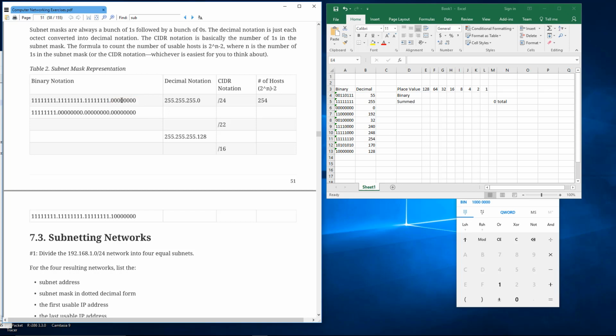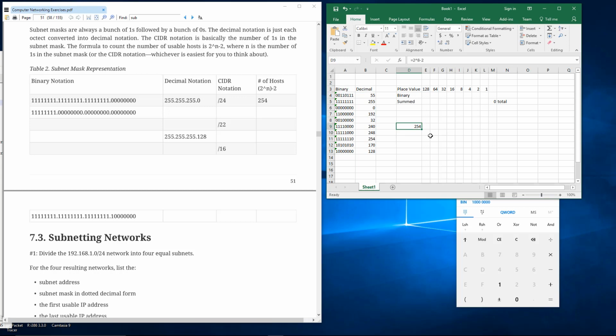So here we have 8 zeros in this subnet. That means our n is going to be 8. So we can do this in Excel. Equals 2 to the 8th, then subtract 2. We get 254 hosts.